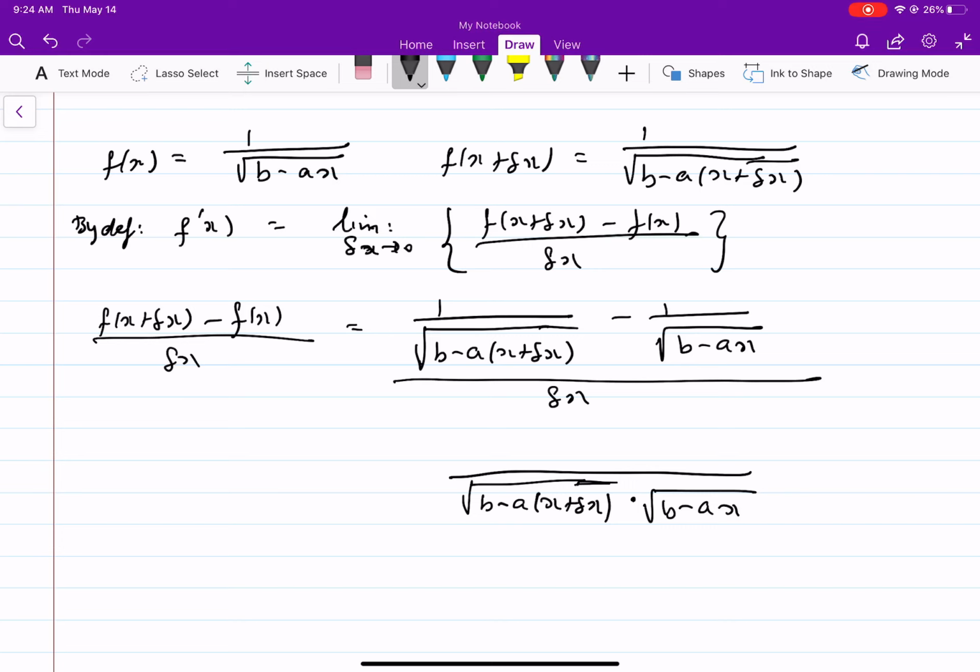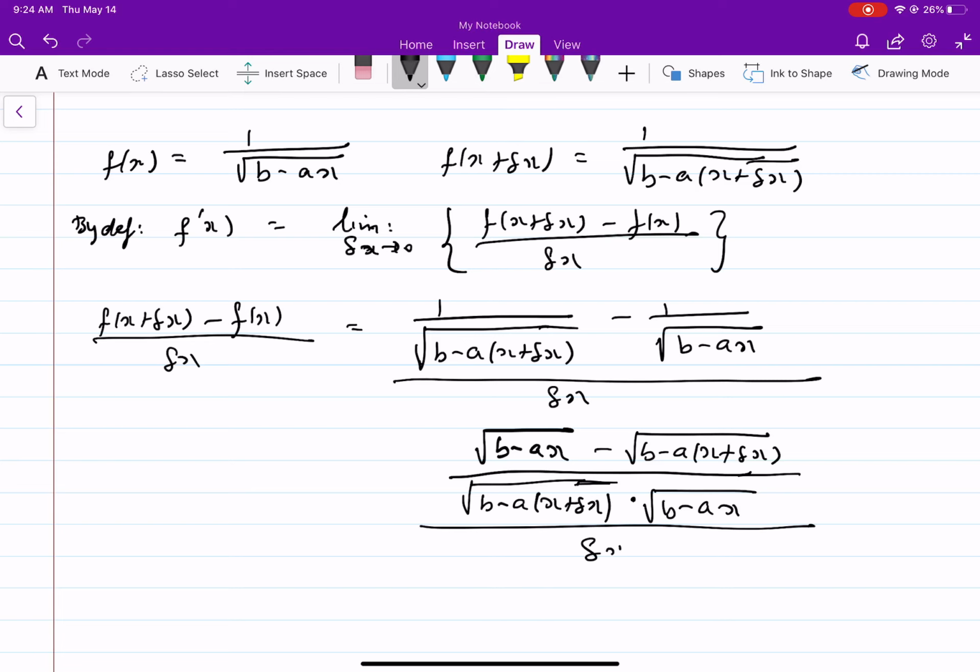And in my numerator, I will have the root of b minus ax minus the root of b minus a into x plus delta x. Your algebra should be good enough at this point. I shouldn't have to explain the details in between there. All divided by delta x still.